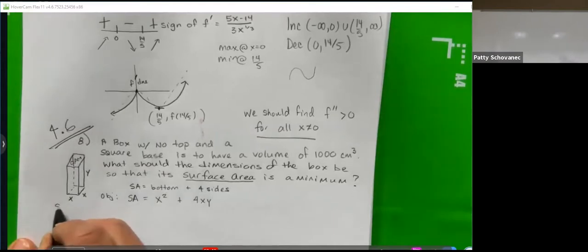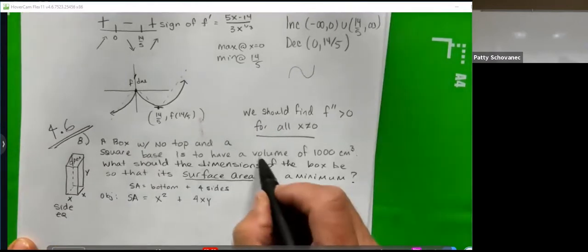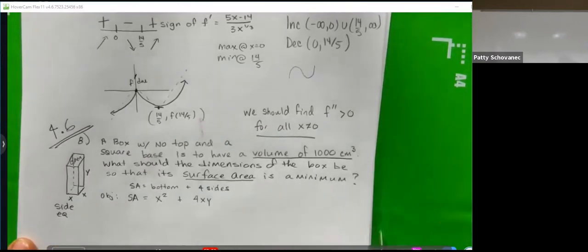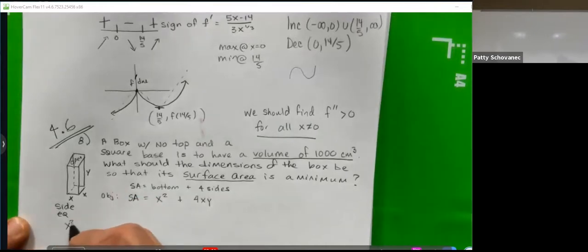So over here we can do the side equation. How do you find the volume of a box? What's the volume of the box, whether it has a top or not? Length, width, height. So here I got X, X, Y. So X squared Y is 1,000.